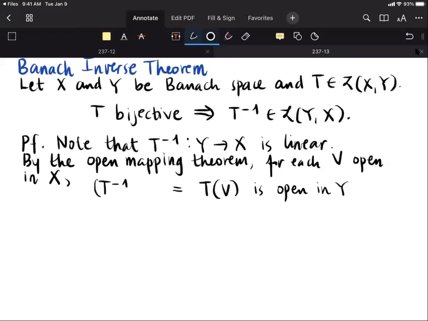The inverse image of T inverse at V. So the inverse image of an open set in X is open in Y.